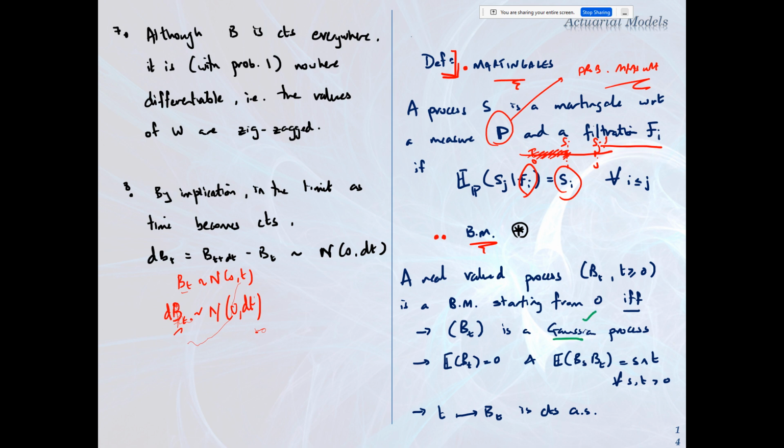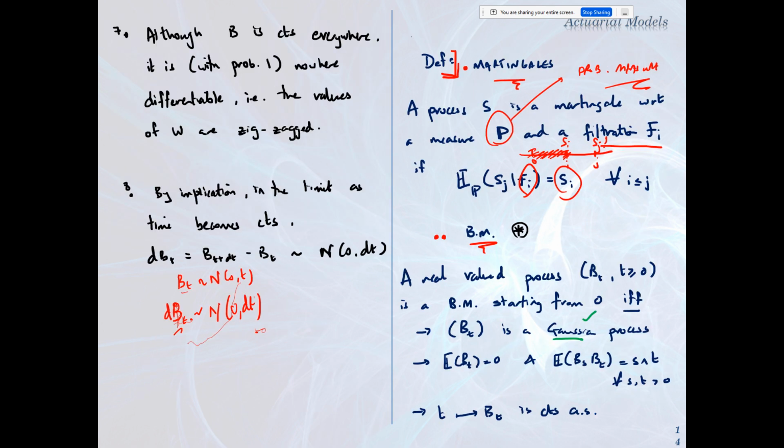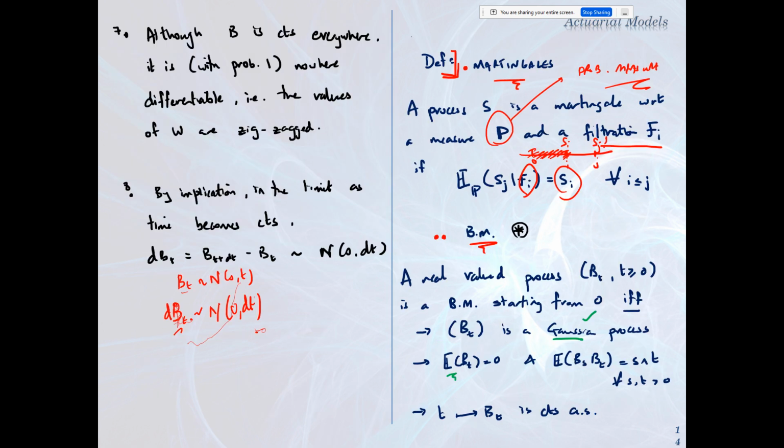If I give you this definition and ask you to check whether this is Brownian motion, you first check whether it is Gaussian. Second, you take the expectation of B_t and check whether the expectation is 0. Check whether B_s B_t has an expectation equal to the minimum between s and t.